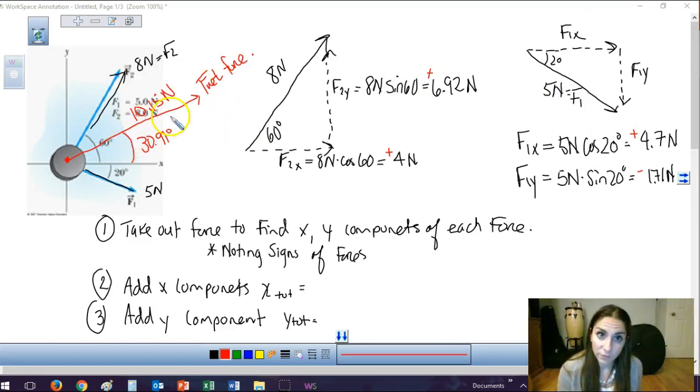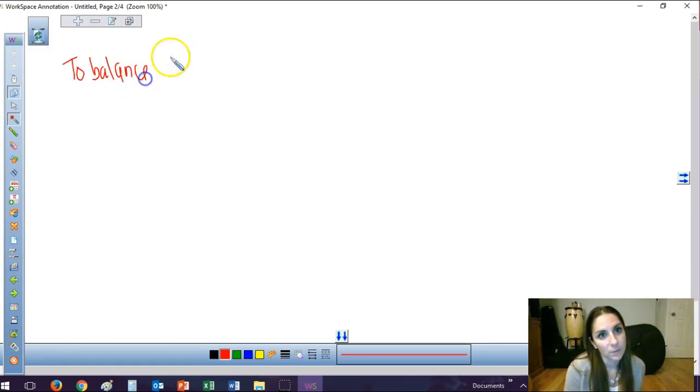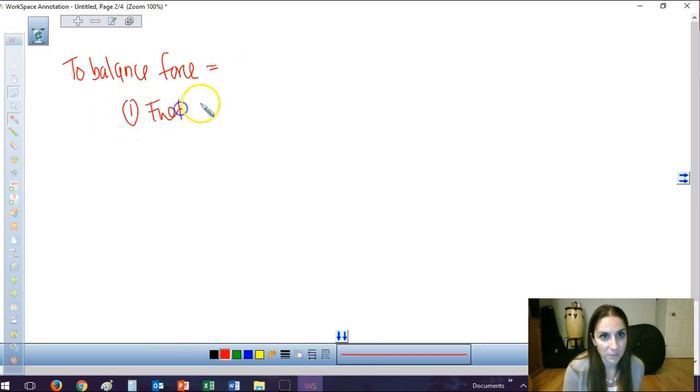Also, if you want to balance this force, like you might do in lab, big hint, to balance those two forces you need to find the net force. So in lab, you're going to balance the force, and to do that you first need to find the net force, which is kind of what we did.